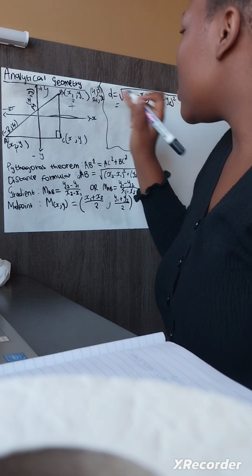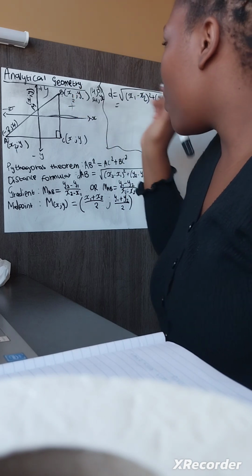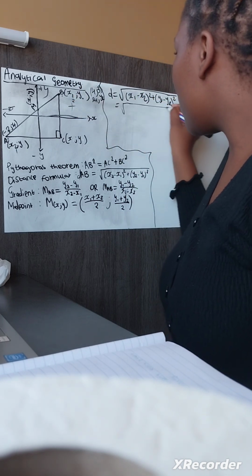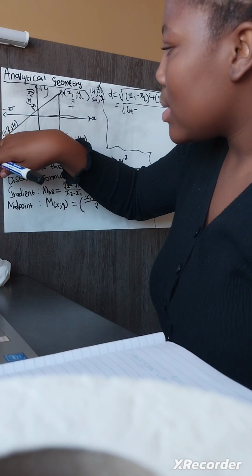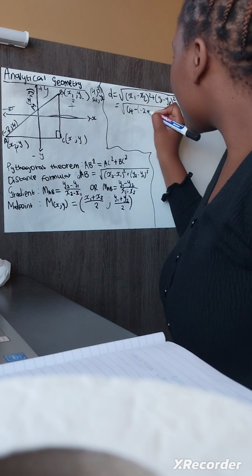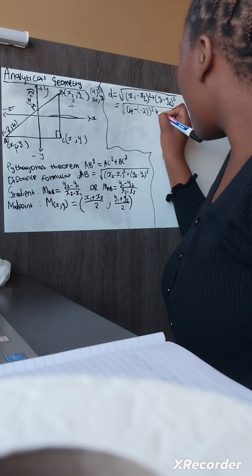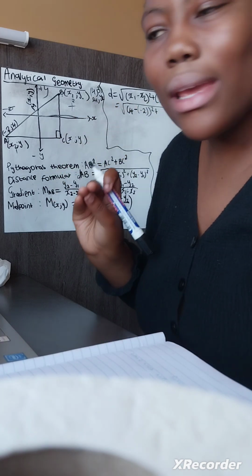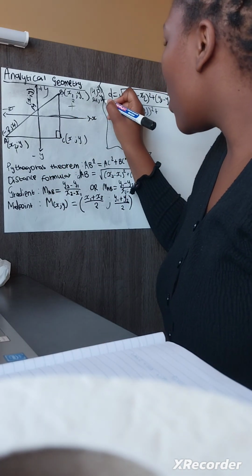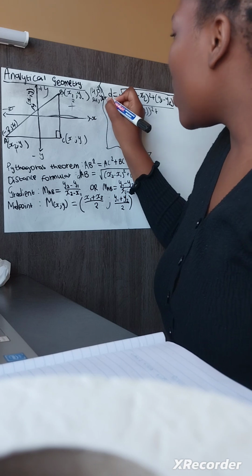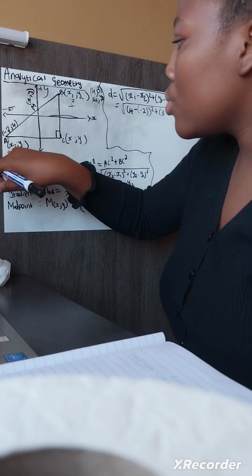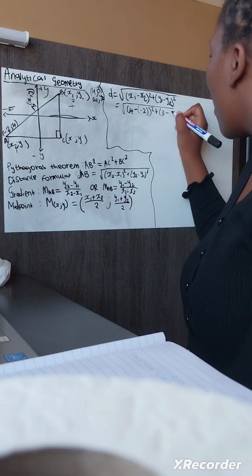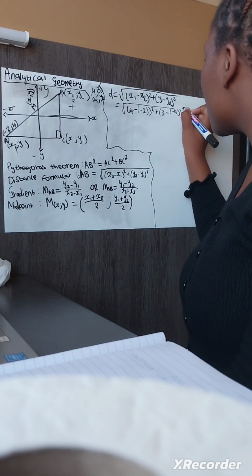So when substituting, I have this 4. It is the square root of, as my x1, it is 4 minus 2 all squared plus, I must again take this as my y1. I will have plus 3 minus y2, where is y2, minus negative 4 all squared.